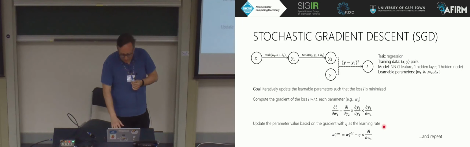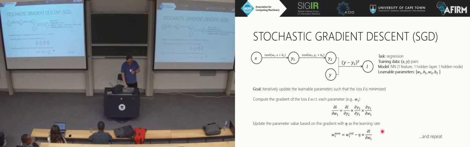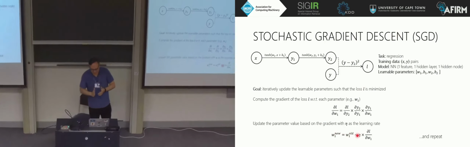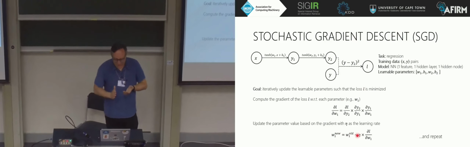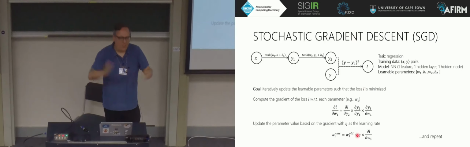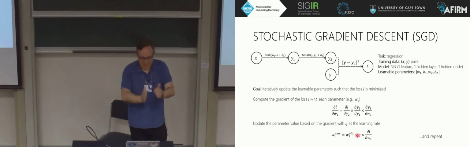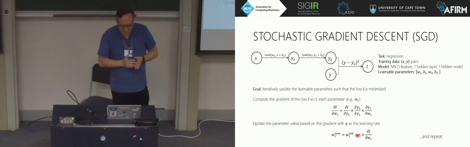So the step you do to train is at the bottom. It's based on gradient, which is why it's called stochastic gradient descent. It's called stochastic because you do it on a subset of the data each time, which is not an important point to go into here. It just means you don't have to take your whole data set and work out the gradient; you do it one batch at a time.